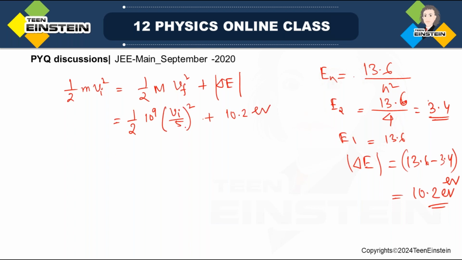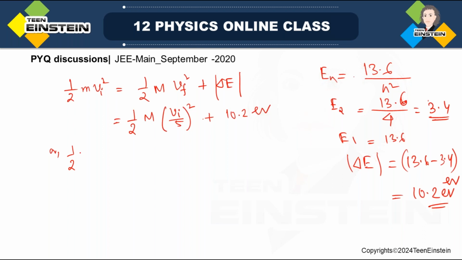This also will come in ev anyway. Better to write this as capital M itself, because I have a relation here.